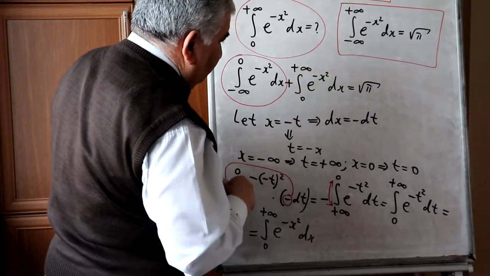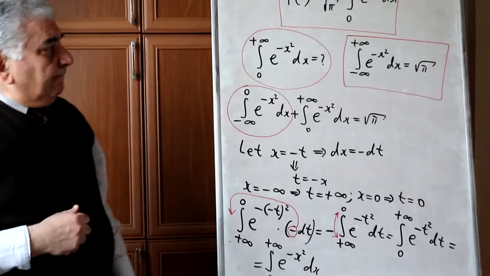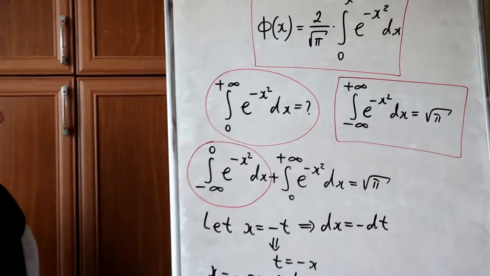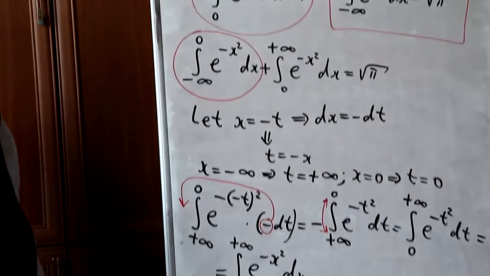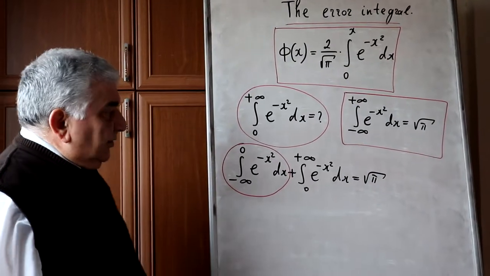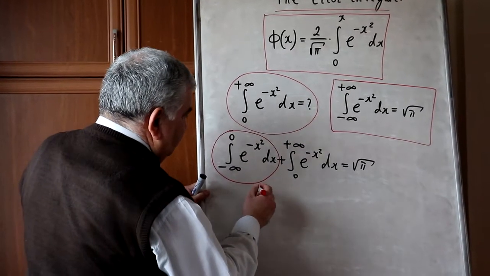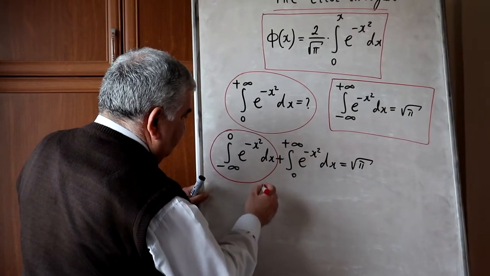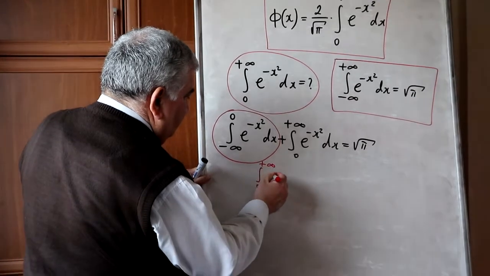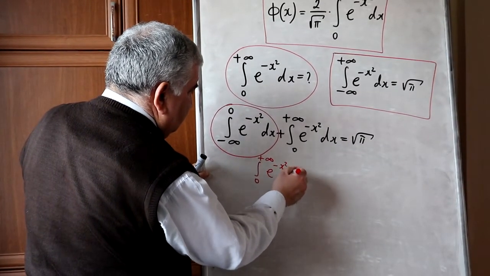Then continue. It was already shown that this integral is equal to the integral from 0 to plus infinity of e raised to minus x squared dx.